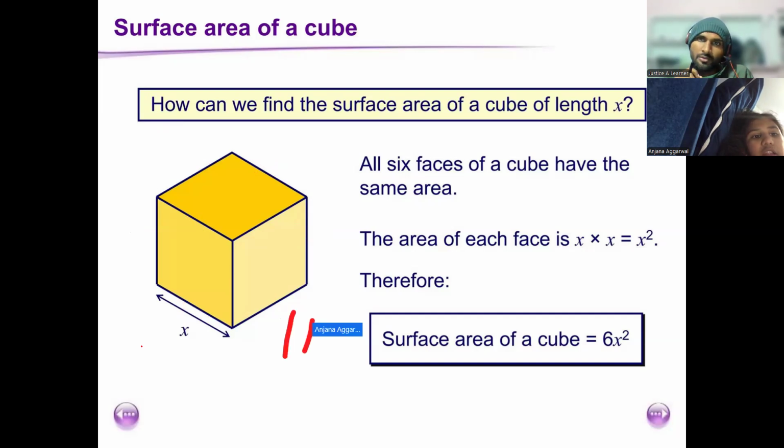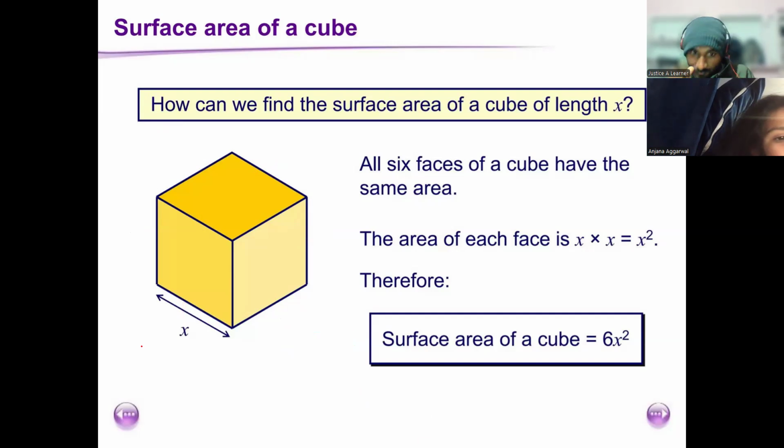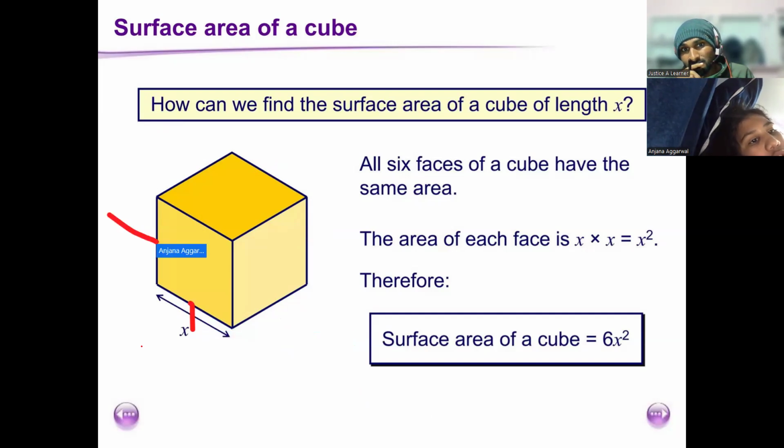No, no, one more is left. One, two, three, four, five, six, seven, eight, nine, and three at the side.